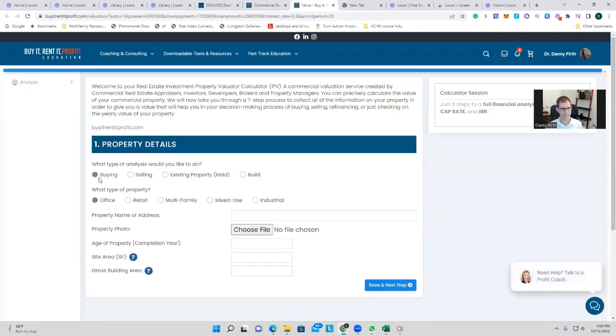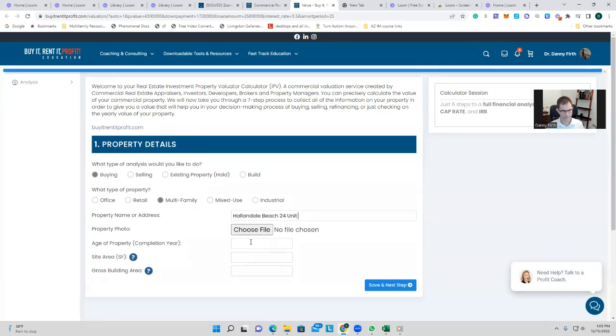All right, so we are buying, this is multifamily, and we're just going to call this Allendale Beach 24 unit. And this is a smaller property that does not have very good books for all of the data.